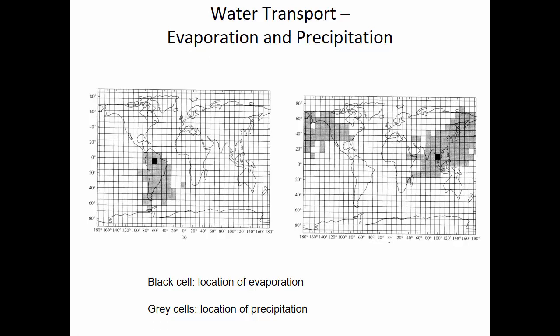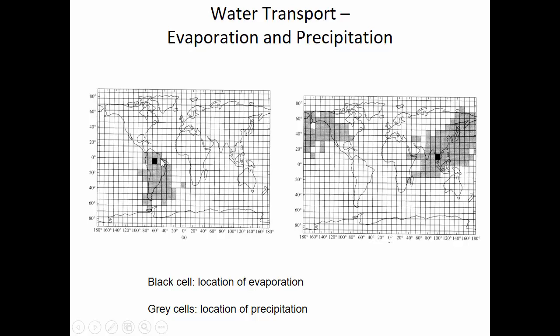Here's just a couple of illustrations from the textbook that show how widely dispersed rainfall can be. They tried to identify for certain water molecules where the rain fell and where the evaporation occurred. It just shows that there is a lot of movement through the atmosphere. And this speaks to why air pollution in one location can affect another spot, where a coal power plant in Ohio can cause acid rain in Canada, or why air pollution in Poland can cause acid rain in Sweden.